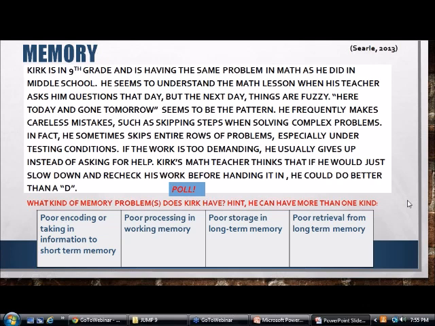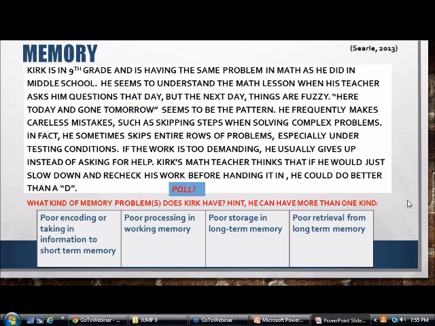He frequently makes careless mistakes, such as skipping steps when solving complex problems. In fact, he sometimes skips entire rows of problems, especially under testing conditions. If the work is too demanding, he usually gives up instead of asking for help. Kirk's math teacher thinks that if he could just slow down and recheck his work before handing it in, he could do better than a D.